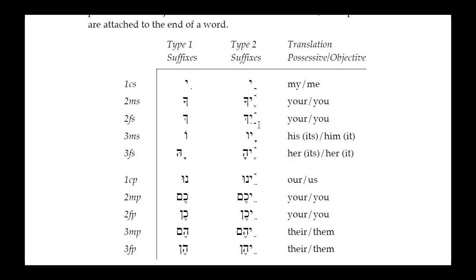And one of the keys to it as we get into the lesson is that the yod will be a key. The yod in the suffix here will tell you that that is a plural noun that the pronominal suffix is attached to.